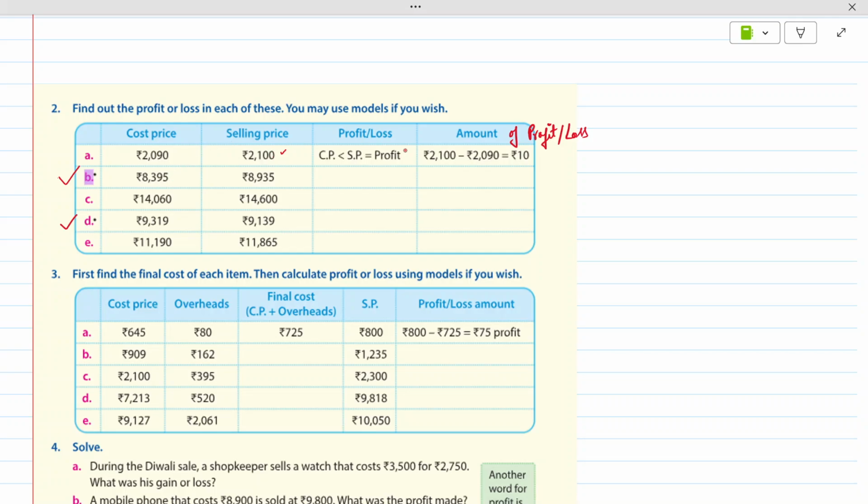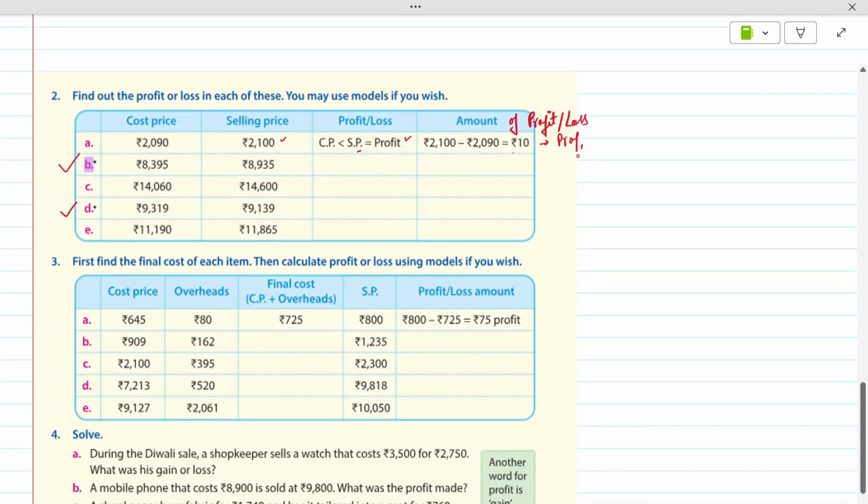So this is a case of profit because selling price is greater, and the amount of profit or loss is found by finding the difference between the two. So that can be done by subtraction. 2100 minus 2090, and the difference is rupees 10. So that means it is a profit of rupees 10 here. Okay, profit of rupees 10.